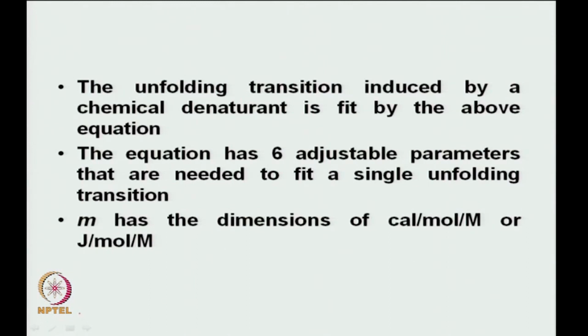Your delta G observed was equal to delta G H2O, right, minus M times concentration. So, the unit of M will essentially be delta G minus delta G H2O over concentration C. I told you we are always talking about molar free energy change.